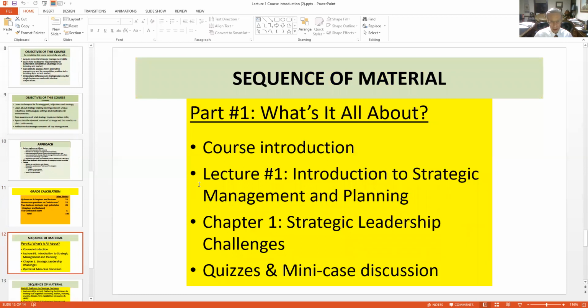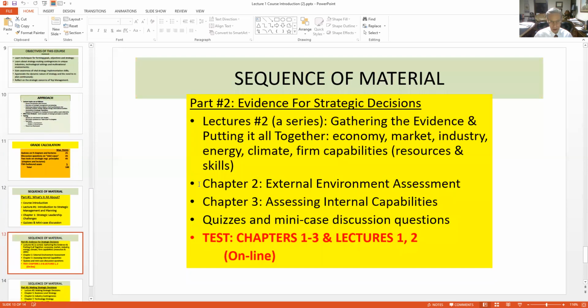Okay, so again, I'll just go through this real quick. Part 1 of the course is the overview, the course introduction. Lecture 1 is an introduction to strategic management and planning. We've got chapter 1 on strategic leadership, some quizzes. Part 2 is about gathering evidence, and that's where some of those lectures will be.